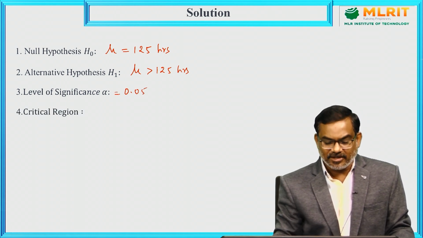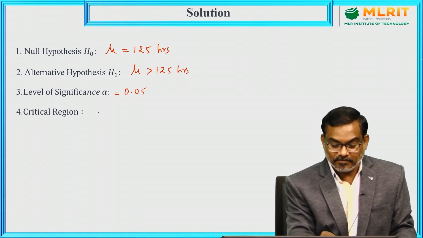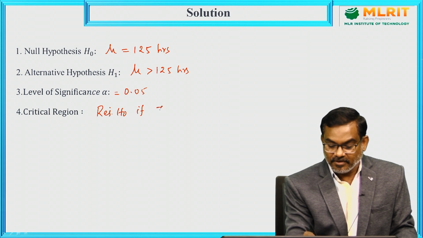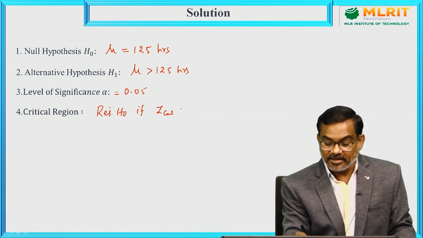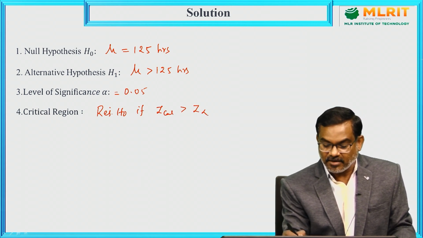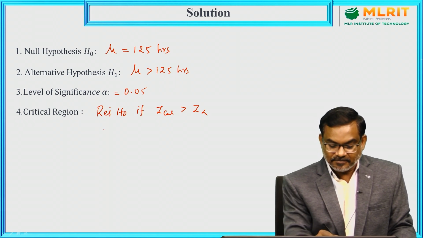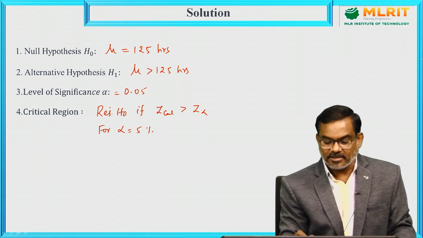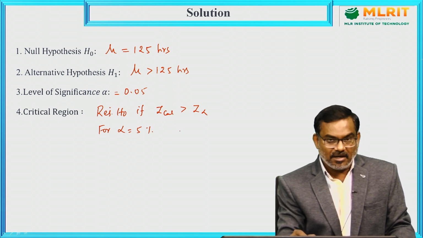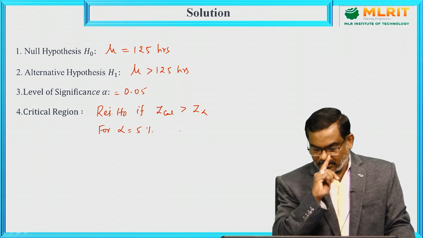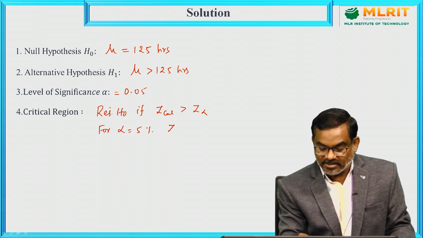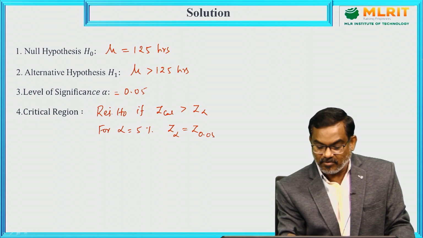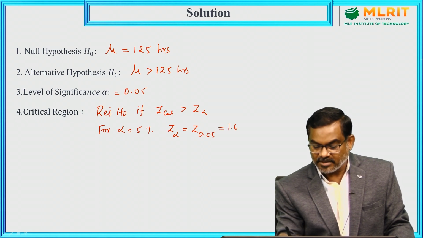Now, critical region, this is greater than type problem. So, reject H naught if the calculated value of Z is greater than Z alpha. So, here for alpha equal to 5% level of significance, we can see the reference table to find this Z alpha. So, Z alpha is Z 0.05 is 1.645.